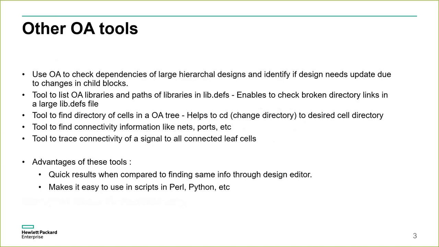So the basic advantages of this, as I mentioned earlier, is to avoid opening a design editor to get such information and to have all this information available on the command line. And the other useful thing is you can incorporate such results in your programs like Python, Perl, or whatever you're interested in.